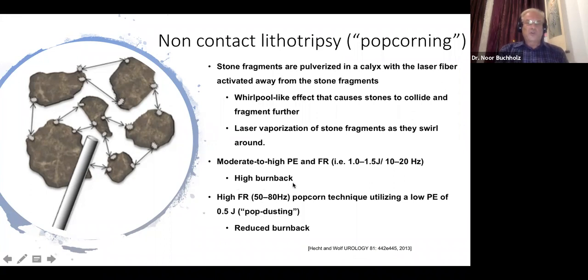So more recently, with the newer and more powerful lasers, it is said to use a higher frequency and a lower energy. That was termed pop dusting. So that should reduce the burn back of your fiber.